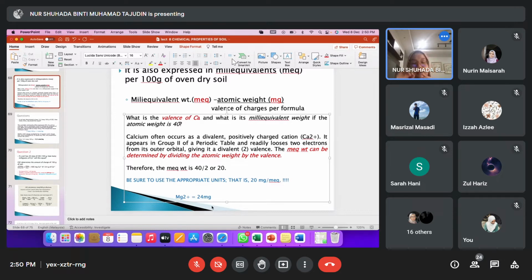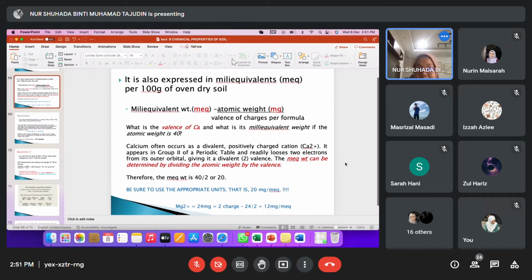Because the weight is 24, and because it has two charges, it can only carry 12, which is 24 divided by 2 equals 12 mg over MEQ.